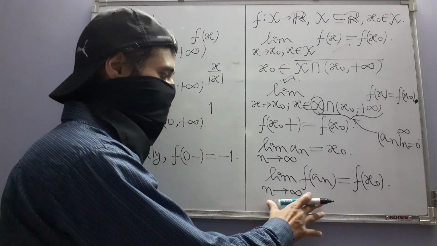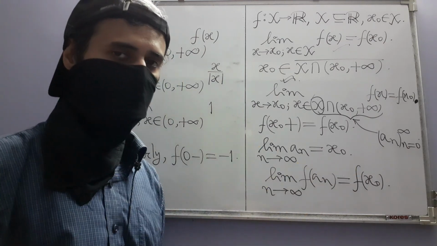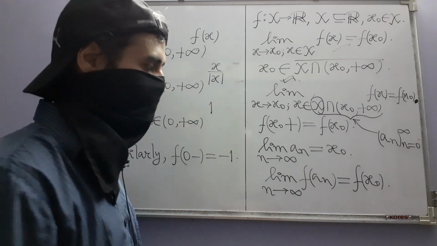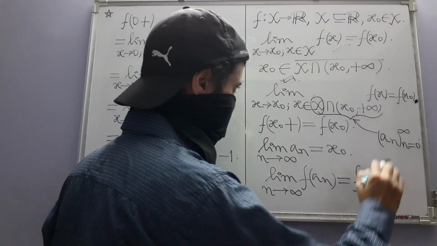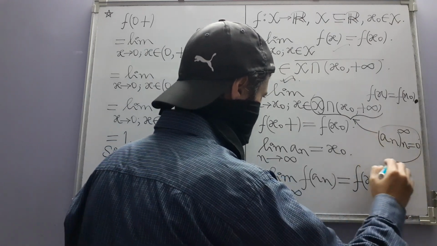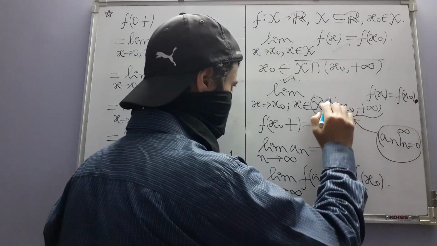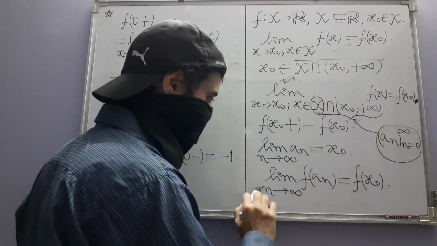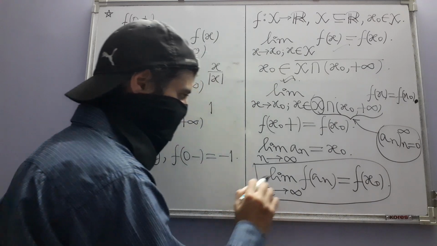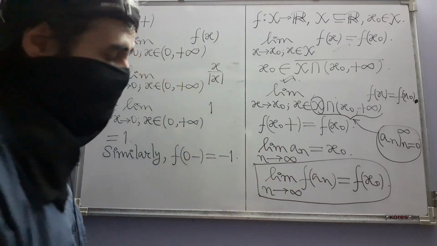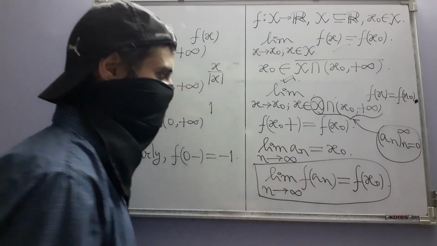However, the sequential formulation works both ways. It is an equivalent condition for a limit to exist. So what we have ended up showing is that for any sequence of points in this intersection, the functional values form a sequence that converges to f of x naught, provided of course that the original sequence converges to x naught.